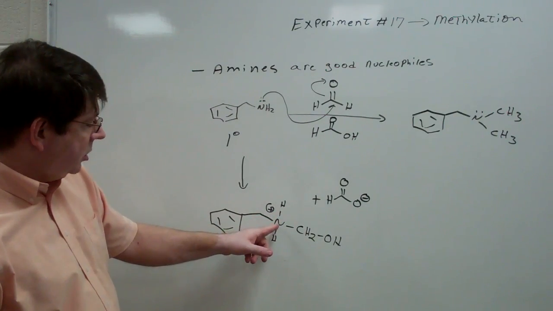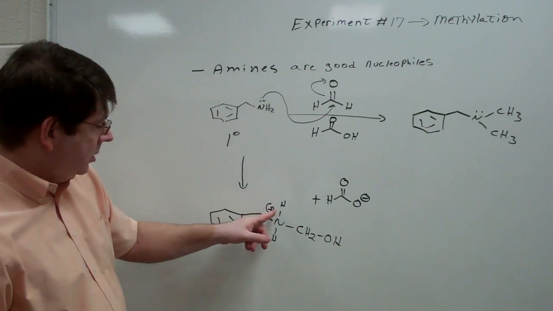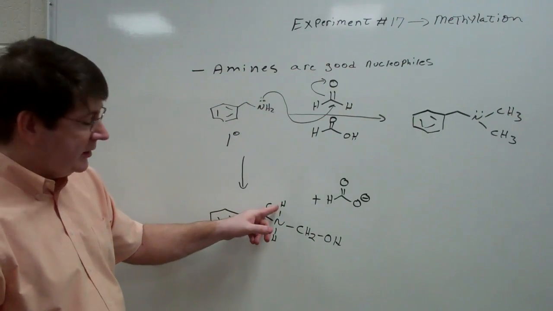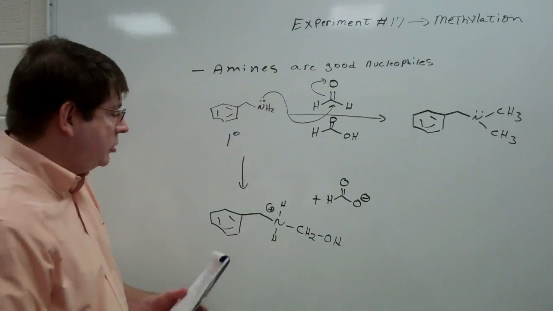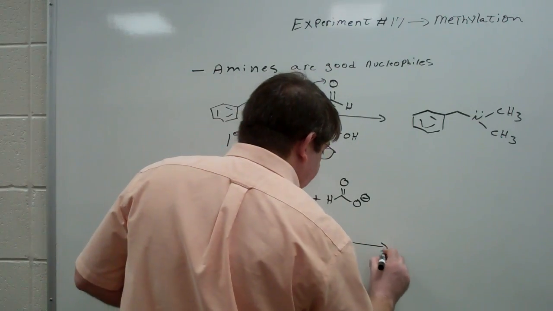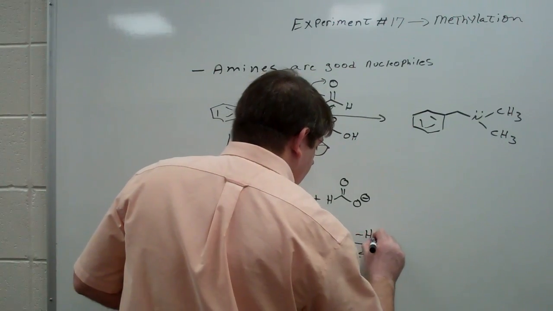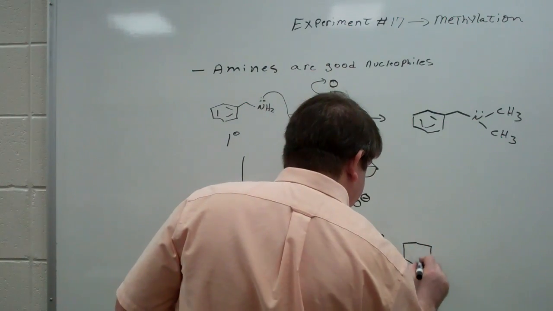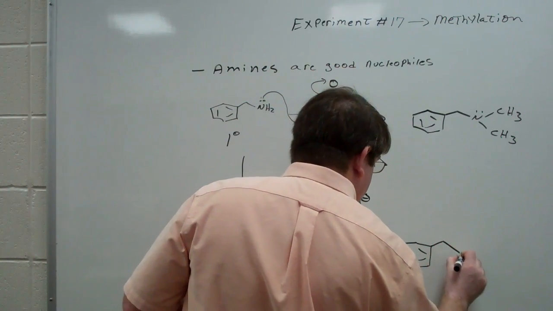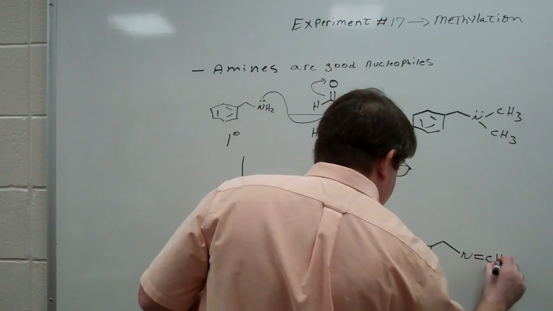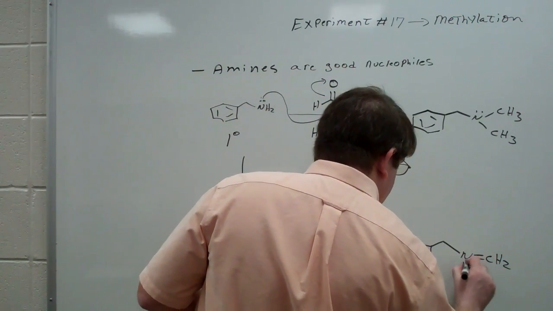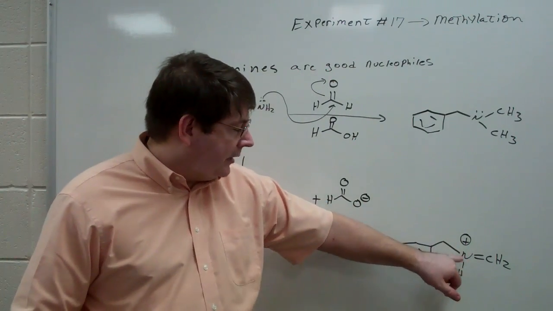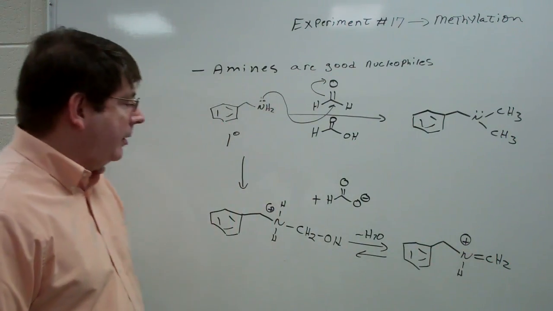Now, if you look at this, this looks like you've got an alcohol with a positively charged nitrogen. So these hydrogens should be fairly acidic, and so it's easy to imagine losing water in this reaction to give what's known as an iminium ion, so nitrogen doubly bound to a carbon.